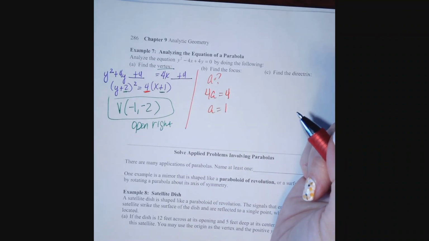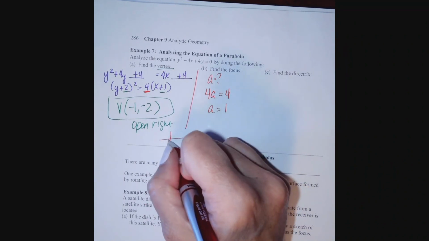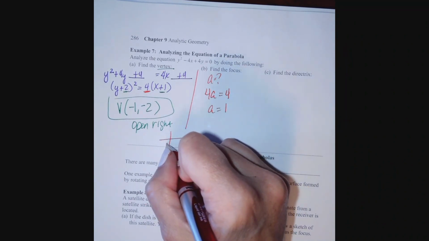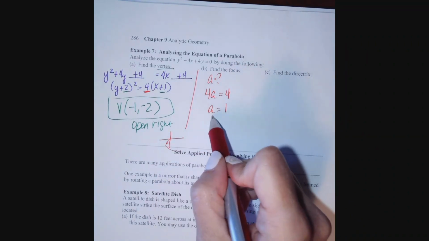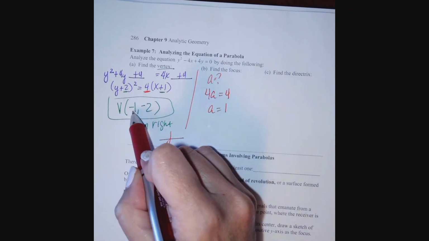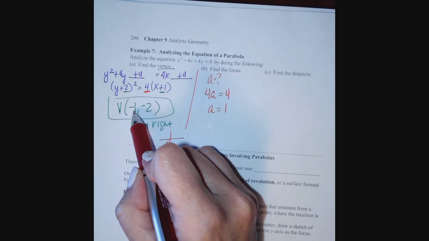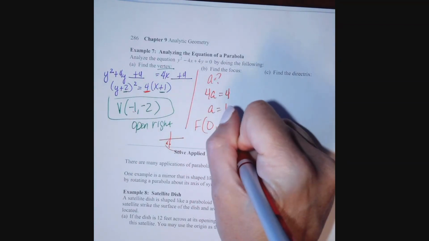So from my vertex at -1, -2, I'm going to have a parabola that opens to the right. From the vertex, I move to the right 1 to get to the focus. So this focus is at 0, still down at -2.